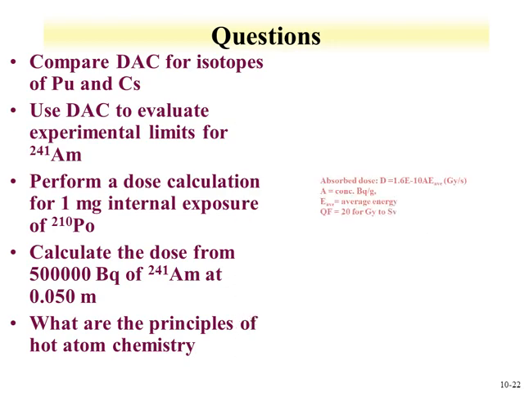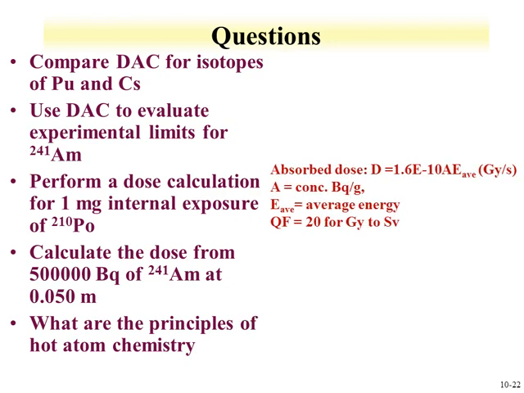One could also perform a dose calculation. If, for instance, there was a 1 milligram internal exposure of polonium-210, the absorbed dose is shown here from this equation. We have a constant where we have the concentration in becquerels per gram times some sort of average energy. For this work, we could talk about the absorbed dose.